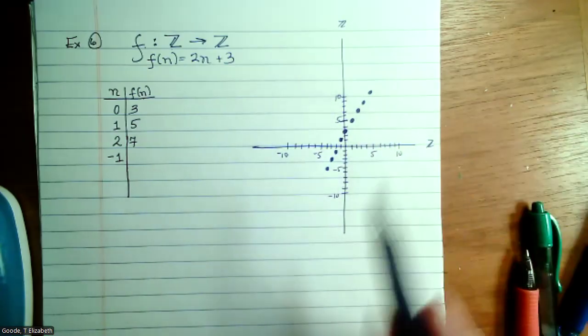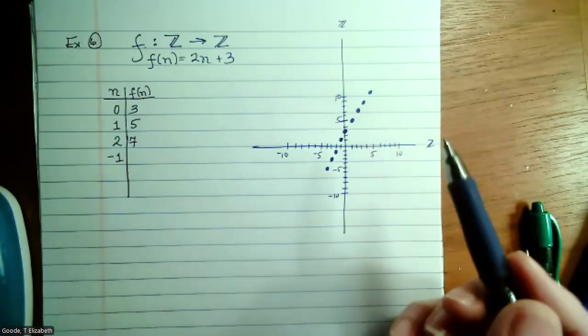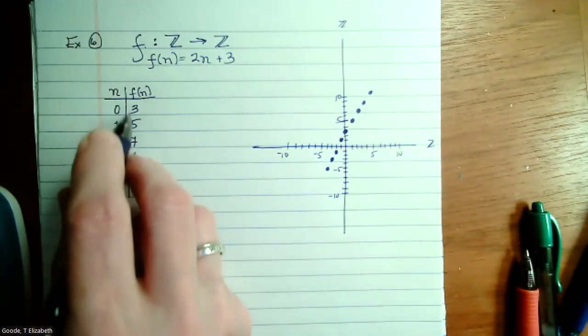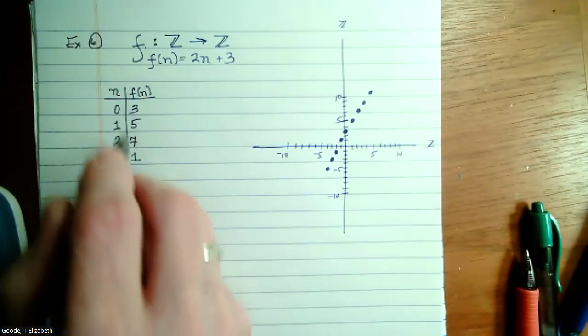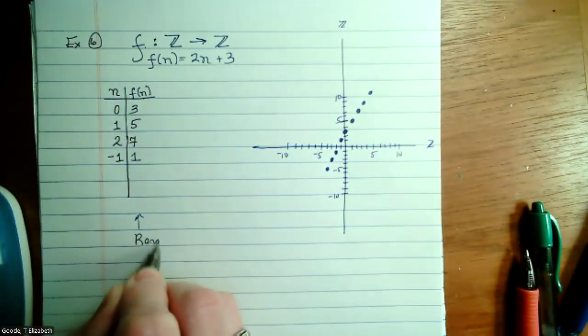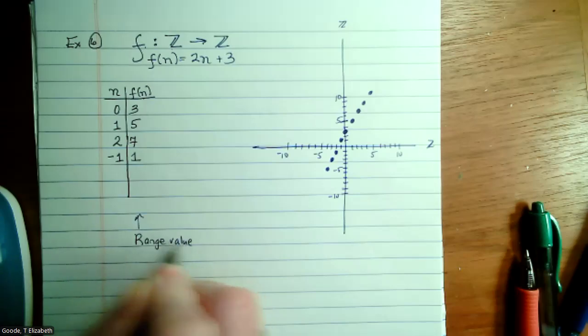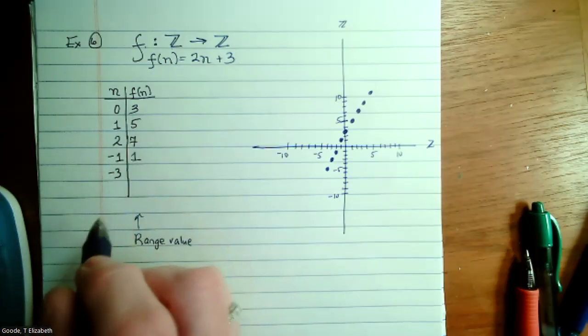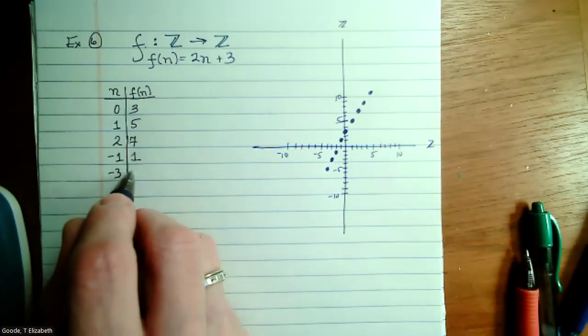And this isn't perfect, but if we look at these values, you can just look at these codomain, these range values. These values in the second column are the range values. Let's do one more. When n is -3, what is f of n? -3.